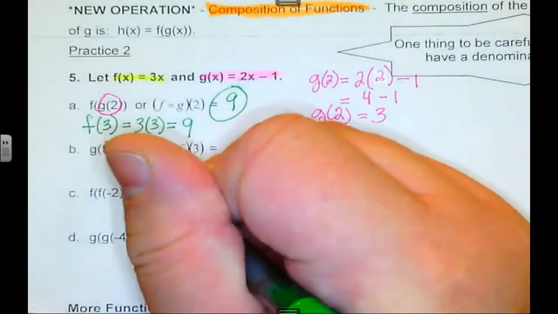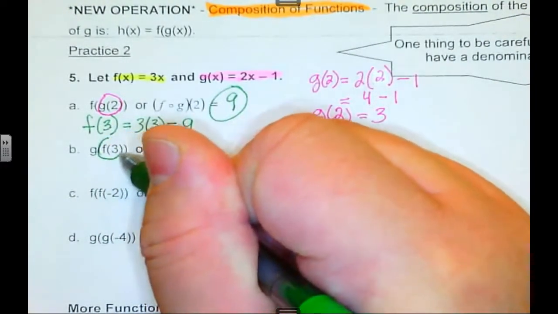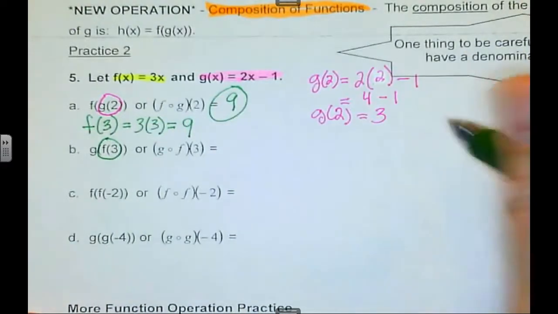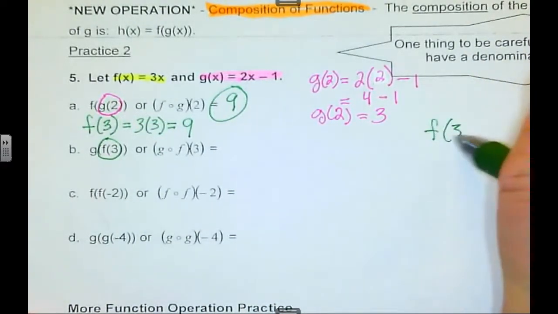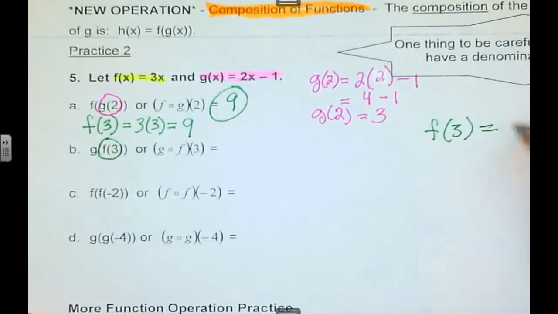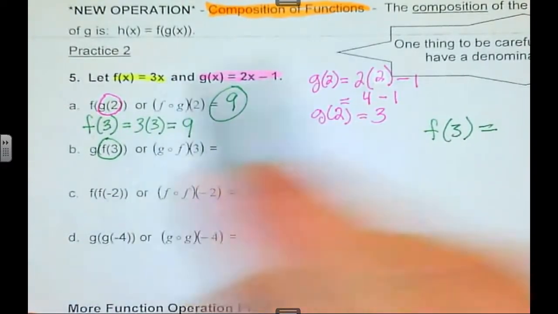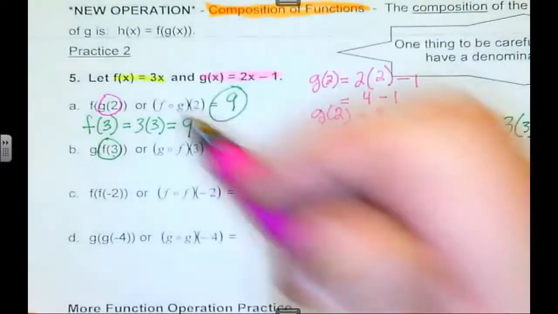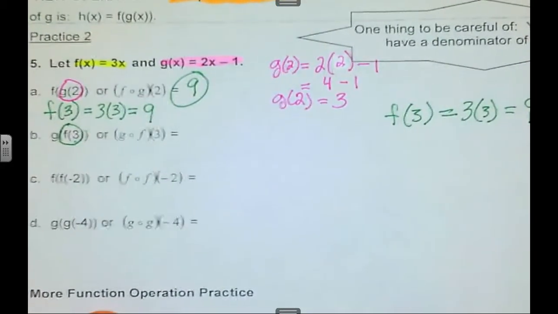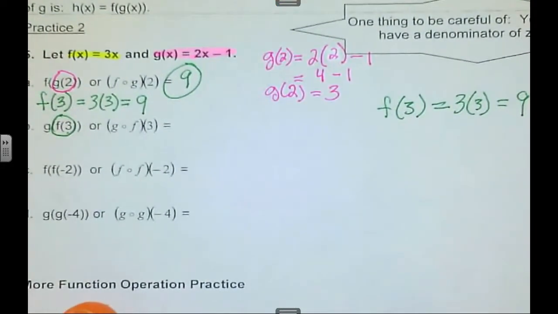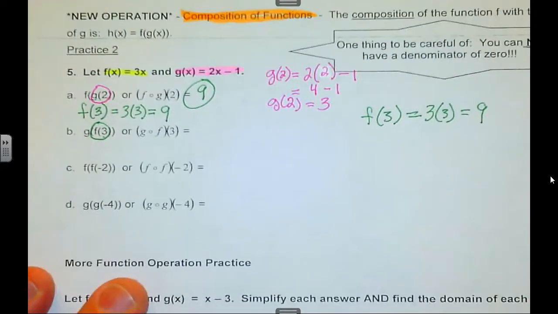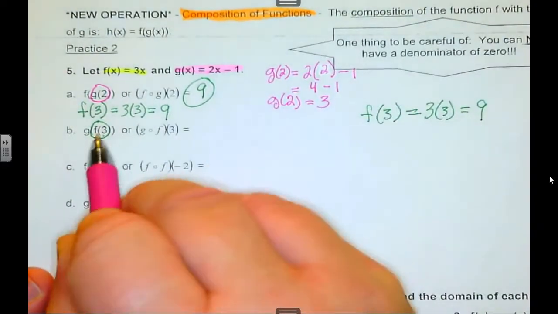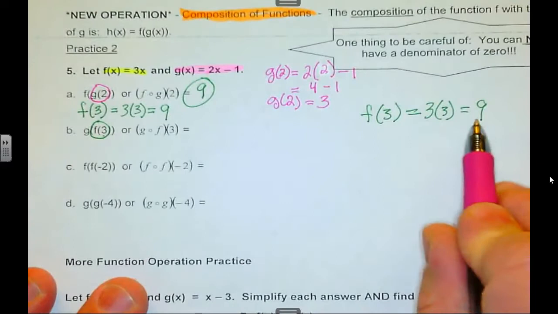This time they tell us, well, start with the f of 3. So the f of 3, we already did, but I'll do it again. I'm going to plug in 3 for my x, which is 9. So the f of 3 is 9. So instead of the f of 3, I'm going to plug in 9.